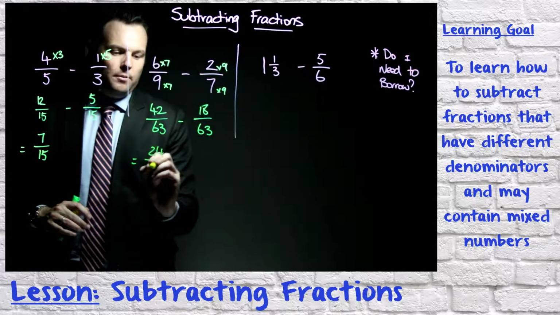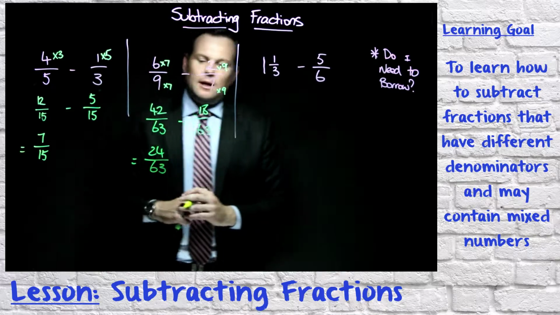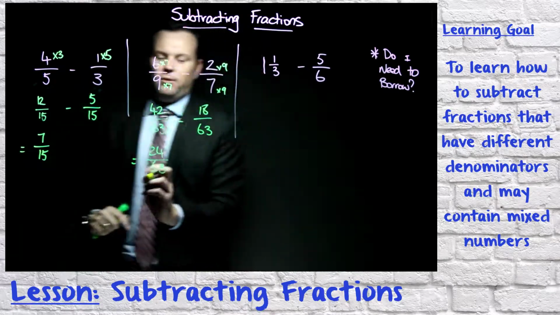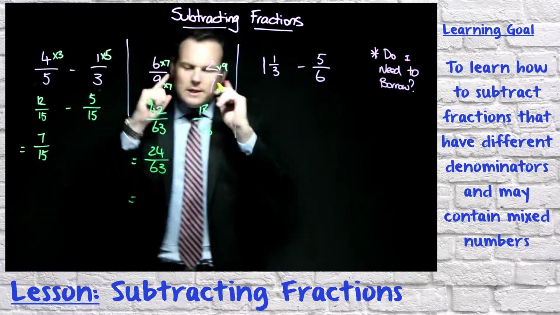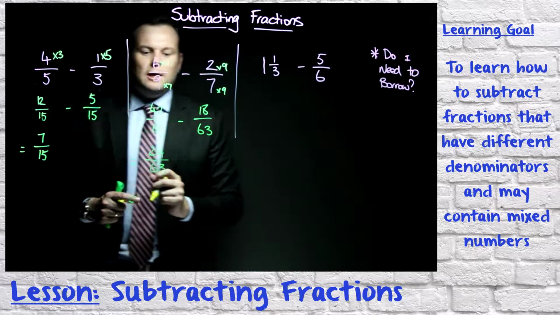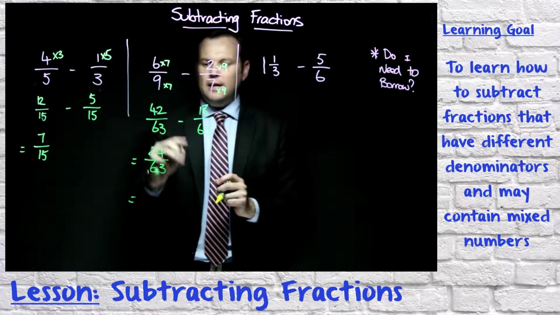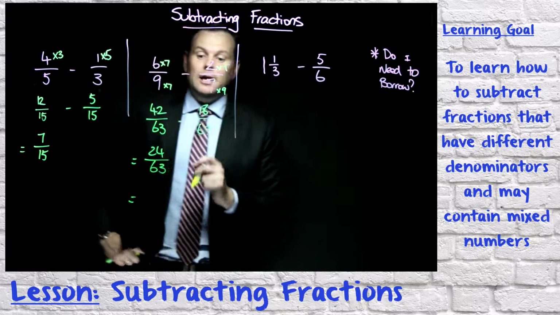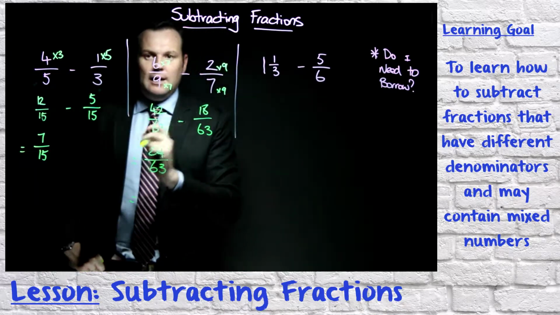And 24 over 63, we need to see if we can simplify that. And the answer is that we can simplify this. And the reason why I was able to see that straight away is I quickly referred back to my divisibility rules. And my divisibility rule for the number 3 is if I add the digits up and I can divide them by 3, it means that we can divide the number by 3.